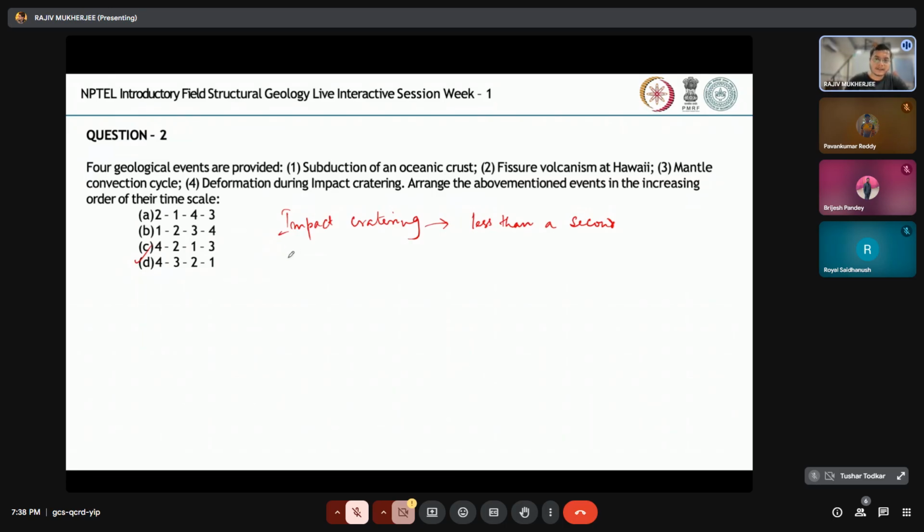Then comes fissure volcanism or fissure eruption. So it starts from days to years, right? Fissure eruption starts from the fracturing of the earth, and the lava comes out and flows, and there can be different flow rates based on the viscosity of the magma, right? If you have a basaltic magma, the viscosity will be less because of the lesser silica content, and it will flow very rapidly.